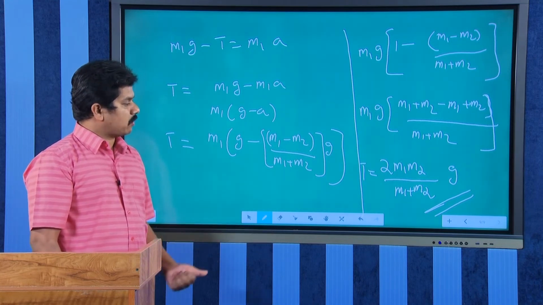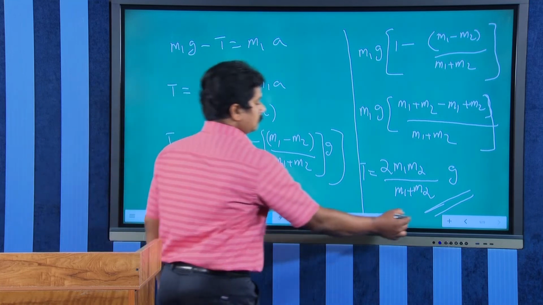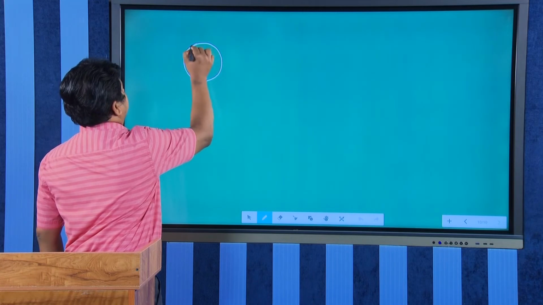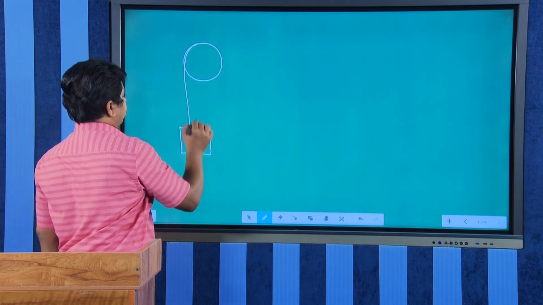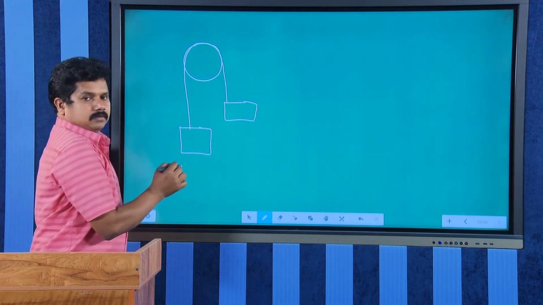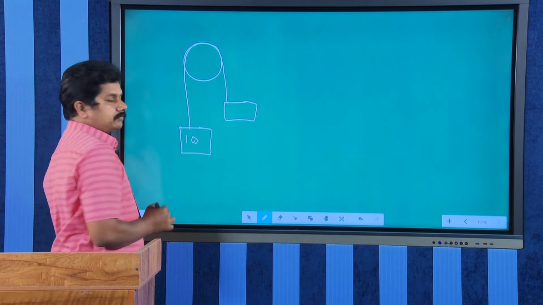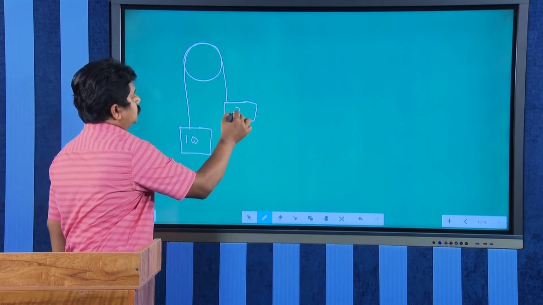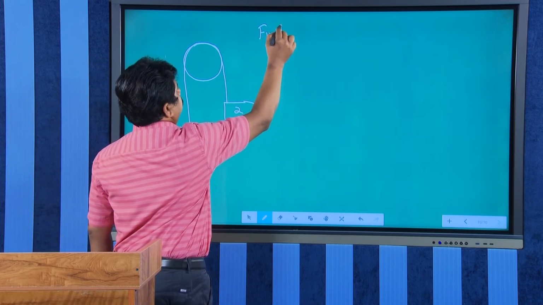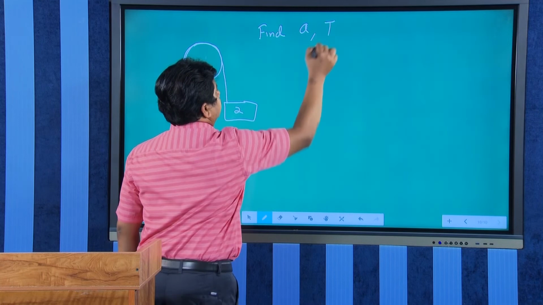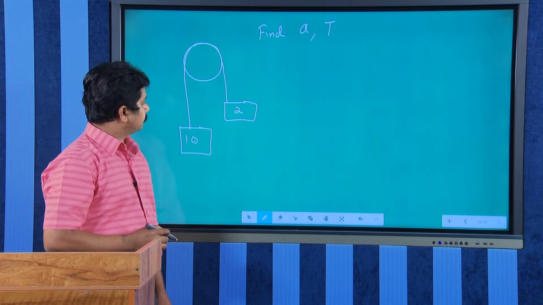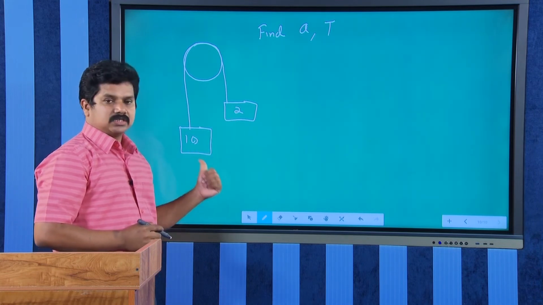So, let us discuss a problem based on this. We have a pulley and 2 blocks. Take this as 10 kilogram and this as 2 kilogram. Find acceleration and tension in the string. This is 2, this is 10, right.